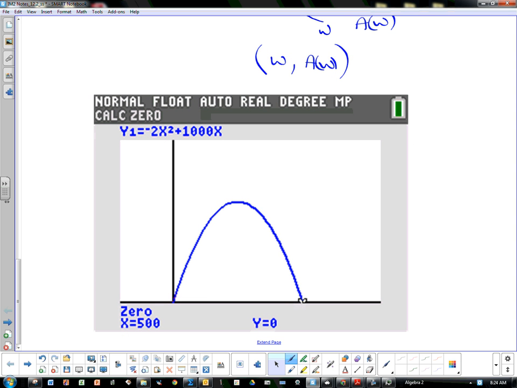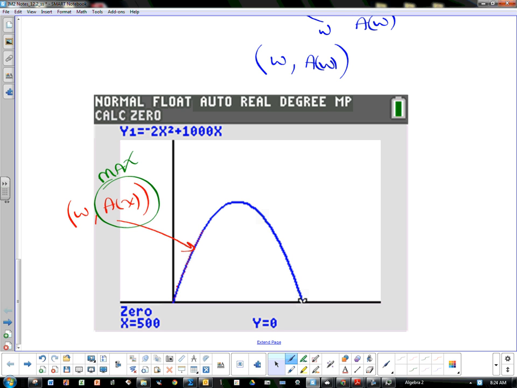As I scroll up this parabola, any kind of parabola or graph like this is made up of points, and every point on this represents the width, comma, area. So you want to ask yourself, where is area at its max? Where would the area be at its max? Yes? 250.